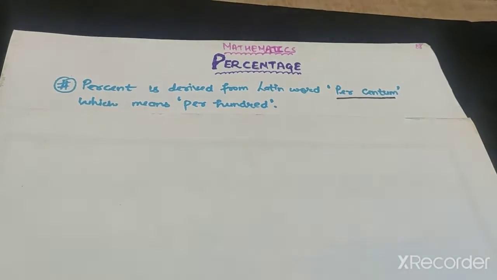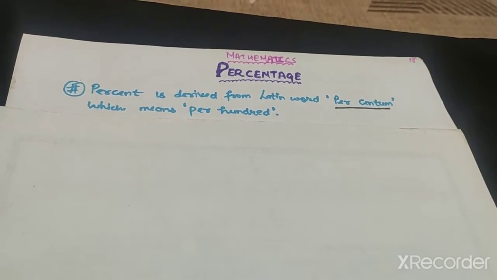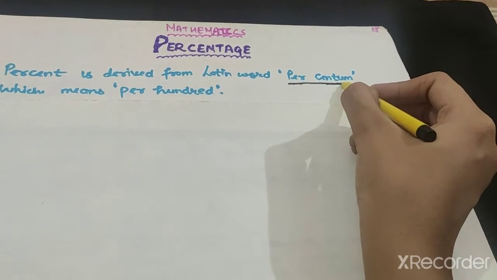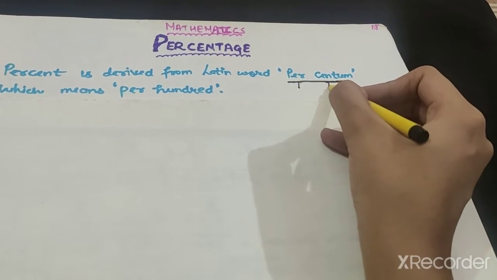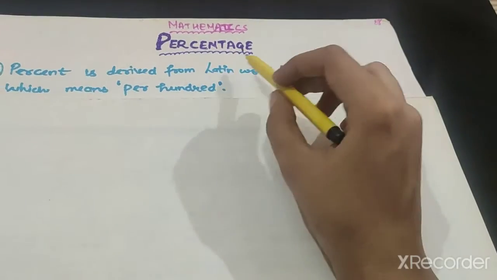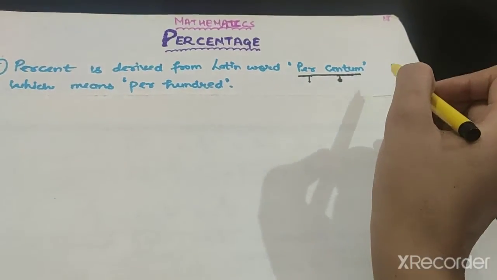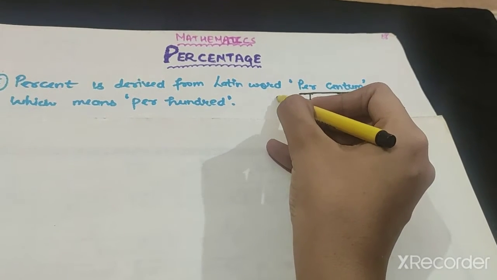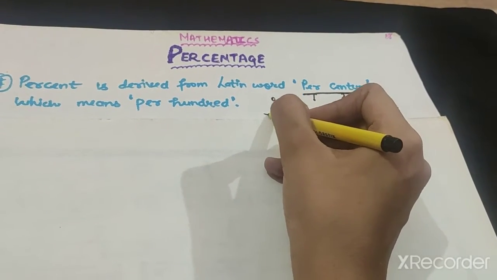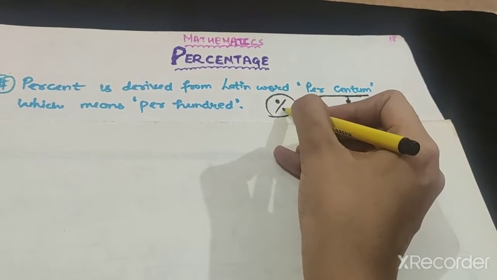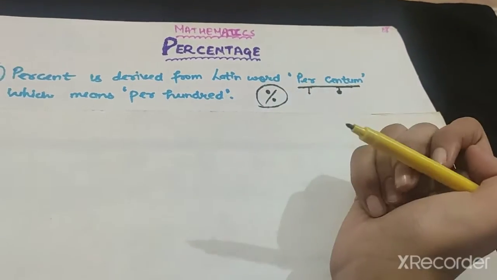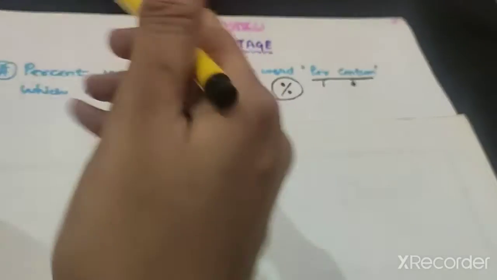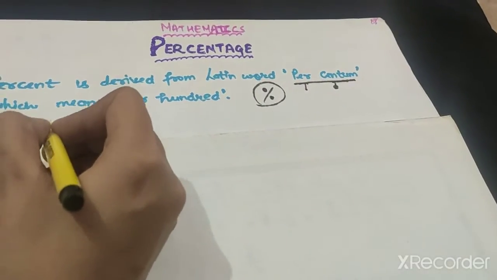Percent is a word that comes from the Latin word per centum, meaning per 100. So percent means out of 100. We represent percentage by this symbol. Let us look at one example. For example, 5%.